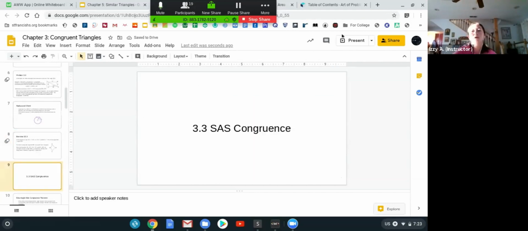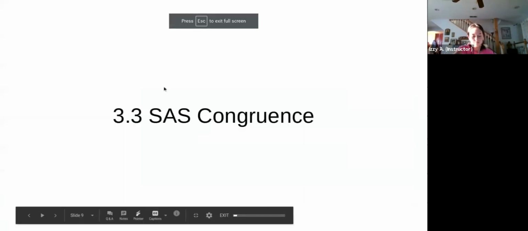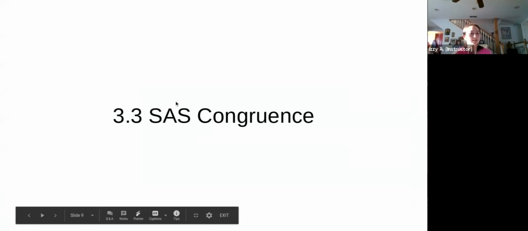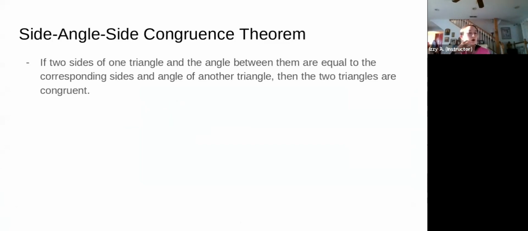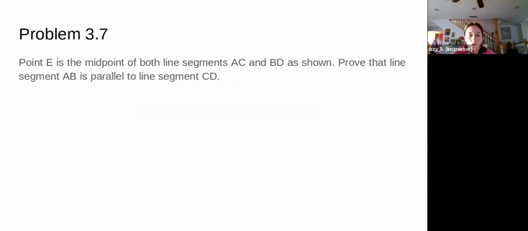So next we are going to 3.3, which is where we're going to be learning about SAS congruence. SAS stands for side angle side, and that's the name of the theorem. If two sides of one triangle and the angle between them are equal to the corresponding sides and angle of another triangle, then the two triangles are congruent.